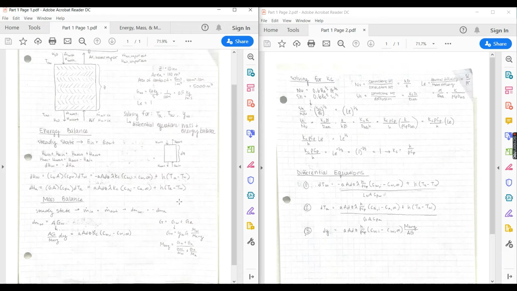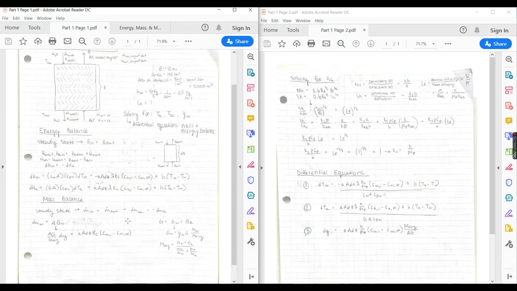Just as in our energy balance, we had the energy that was being transferred between the air and the water, like the energy that was being absorbed by the water when it was vaporizing, and the energy that is being convectively transferred between the water and the air would lead to the change in enthalpy of the water being equal to the change in enthalpy of the air.